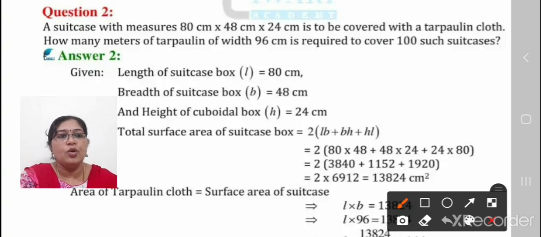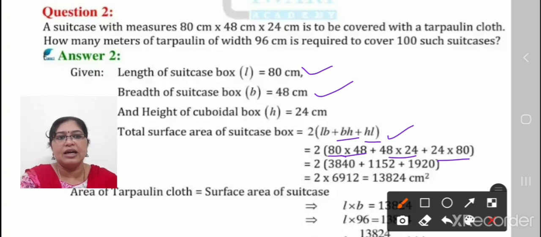Now you are applying the values, L is equal to 80. So L into B, breadth is equal to 48. Now 48, that is breadth into height, and height into length, 24 into 80.